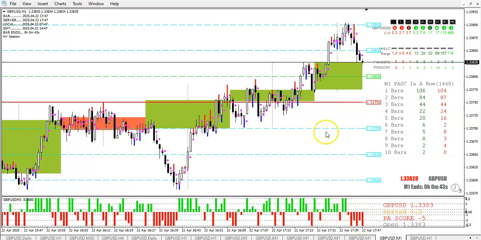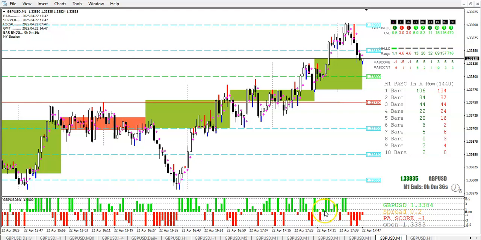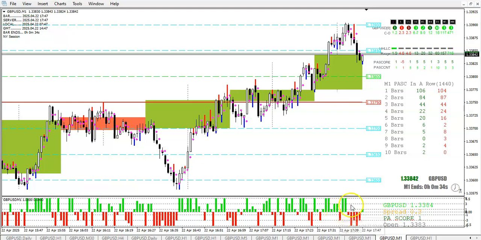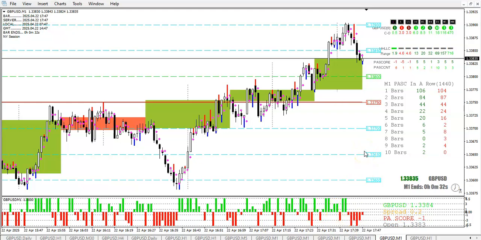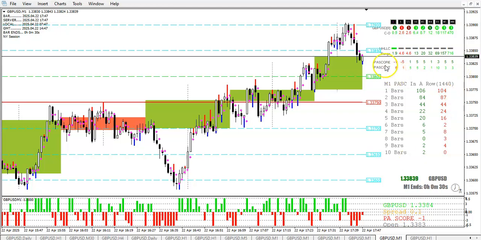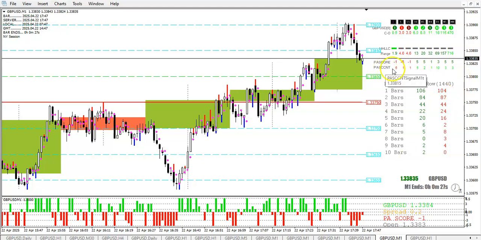And so that's what the PA score multimeter is showing me, and also what the histogram is showing me. Then, as I was making the video, I said it would be nice to have the count, how many positive scores and then how many negative scores in a row. So that's the price action score count multimeter right here.